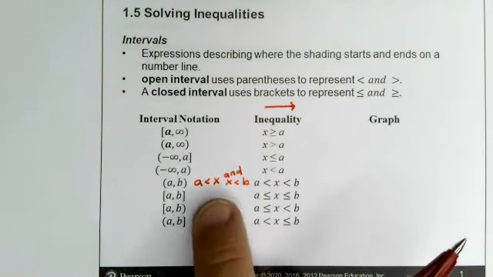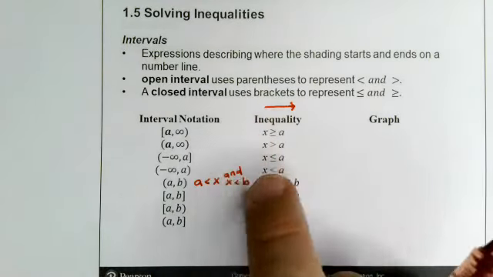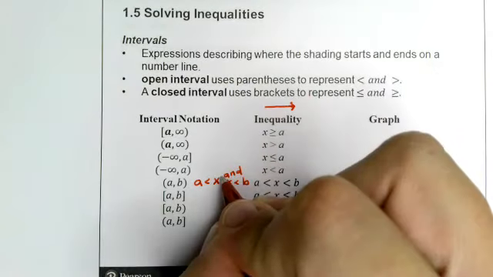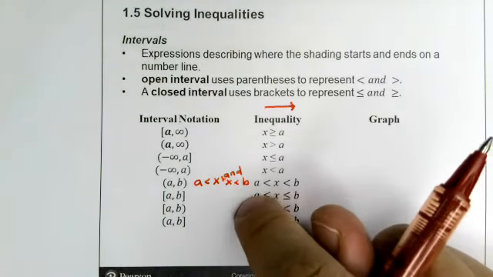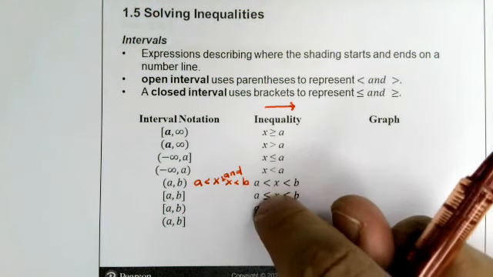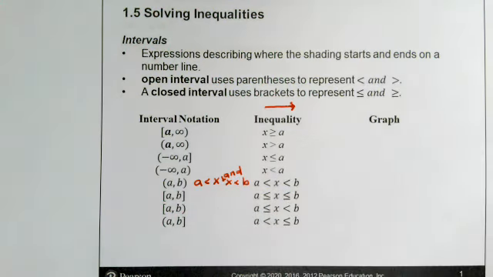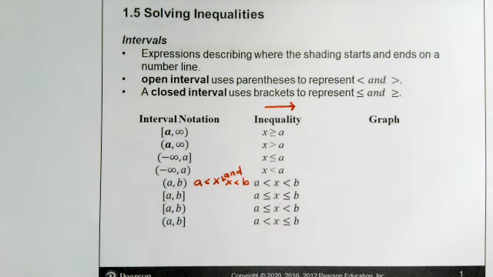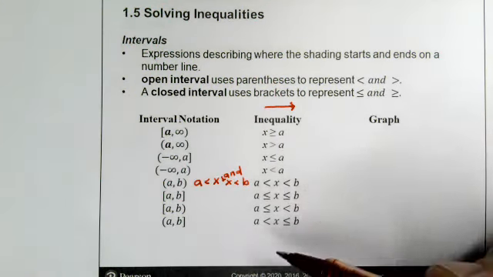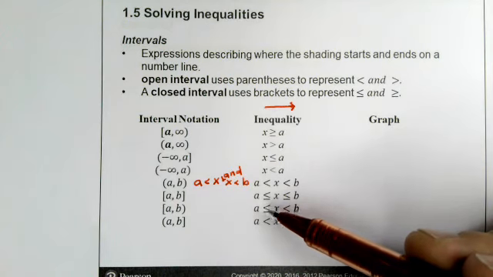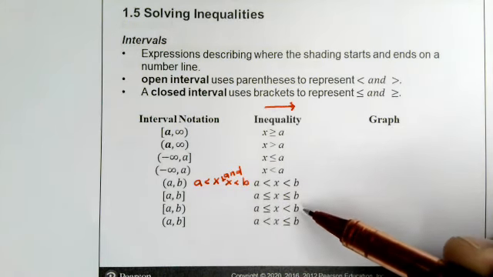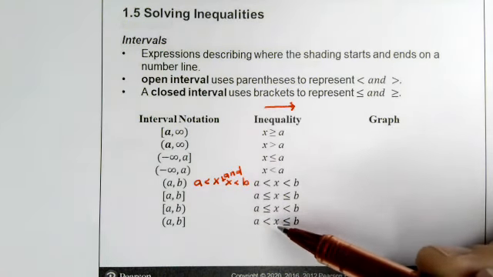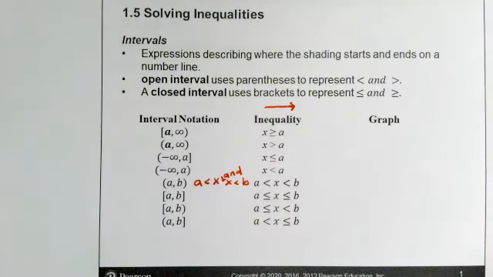Or you could just say a is less than x and x is less than b. A is less than or equal to x and x is less than or equal to b. Okay, and you can mix them up too. A is less than or equal to x, x is less than b. A is less than x, x is less than or equal to b.